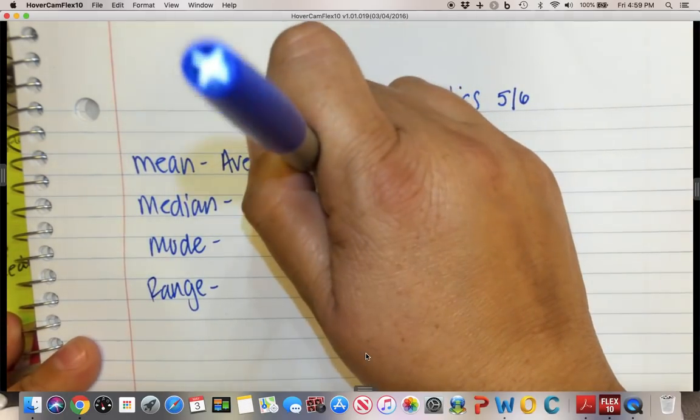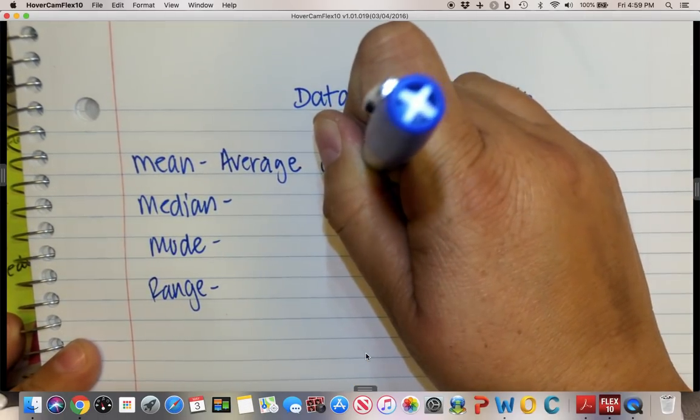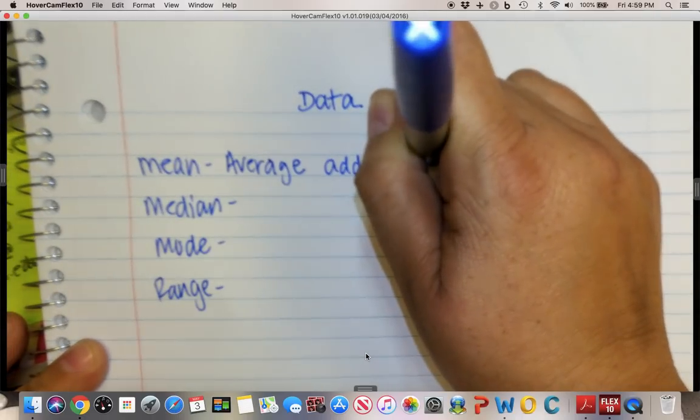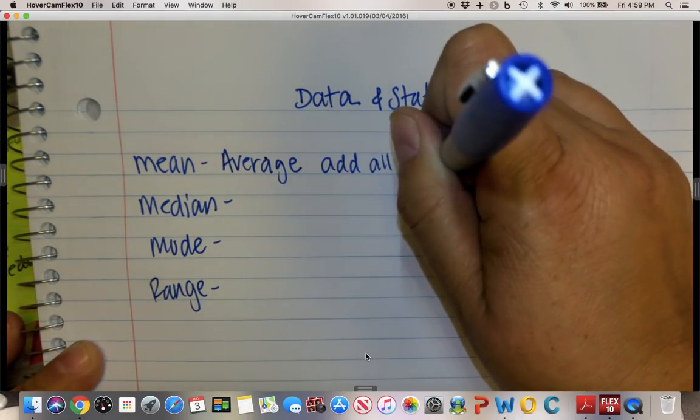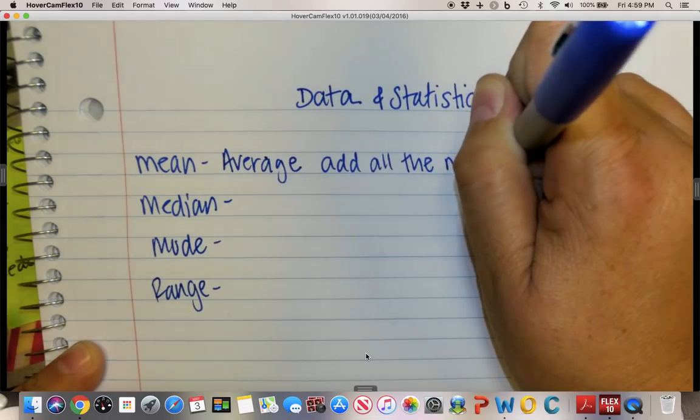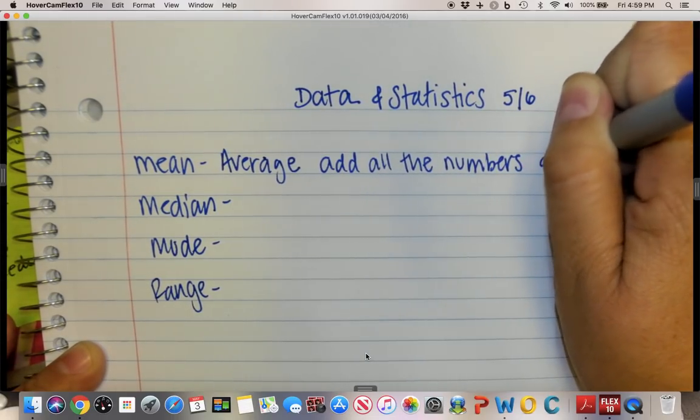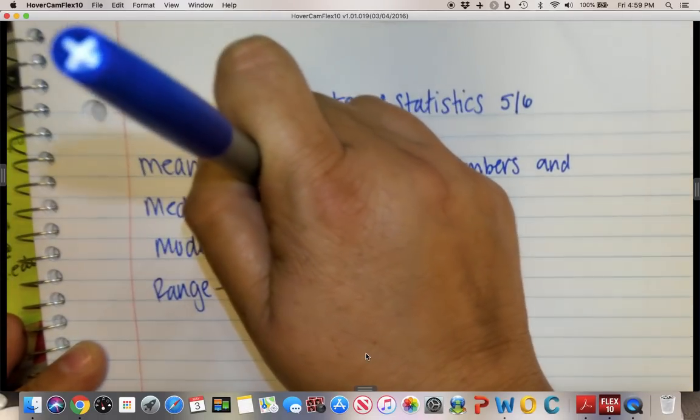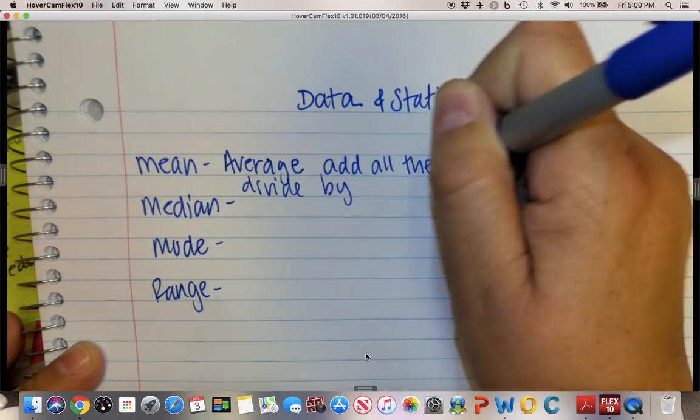And you add all the numbers in the set of the data, and divide by how many numbers there were.